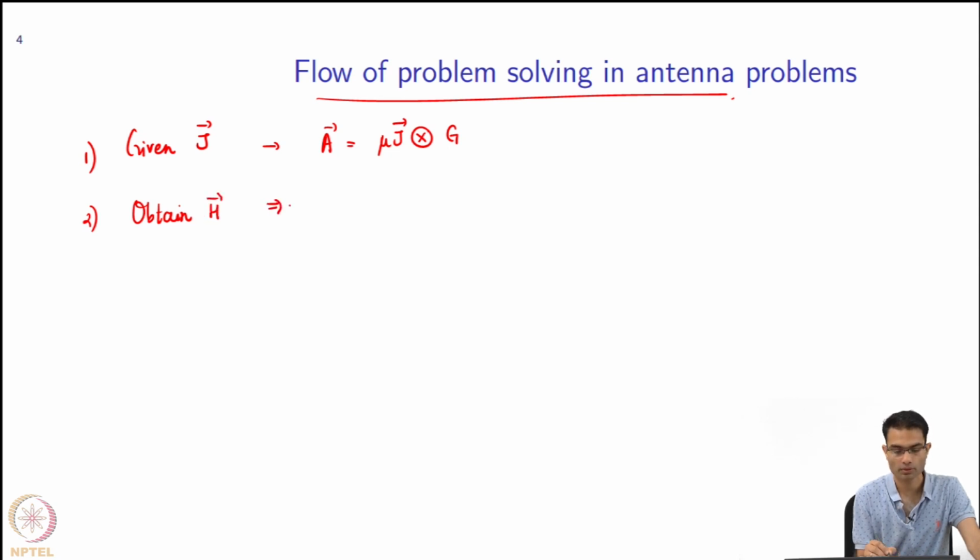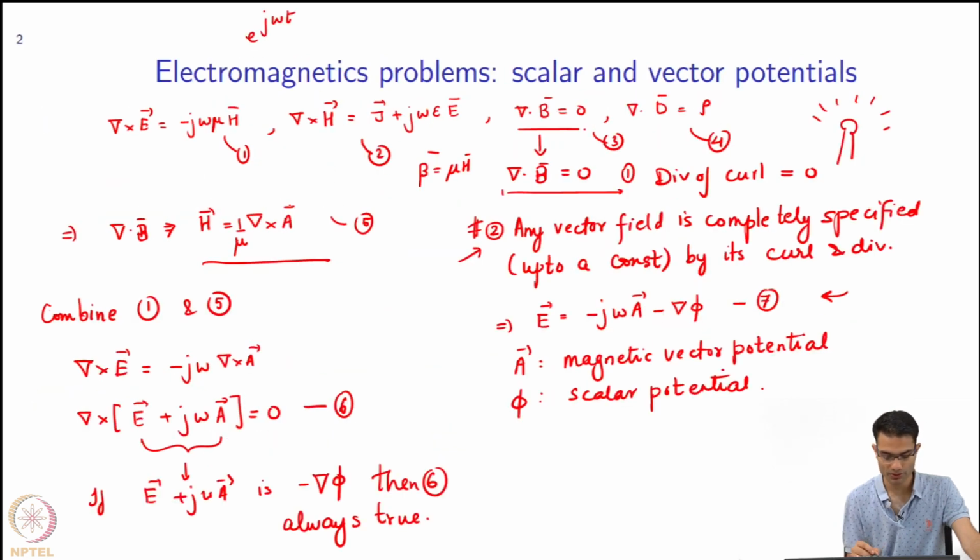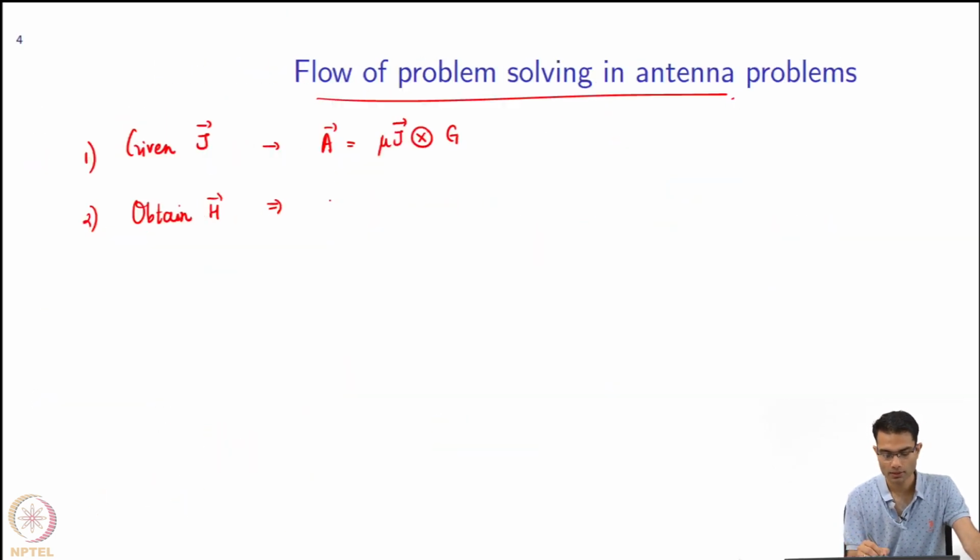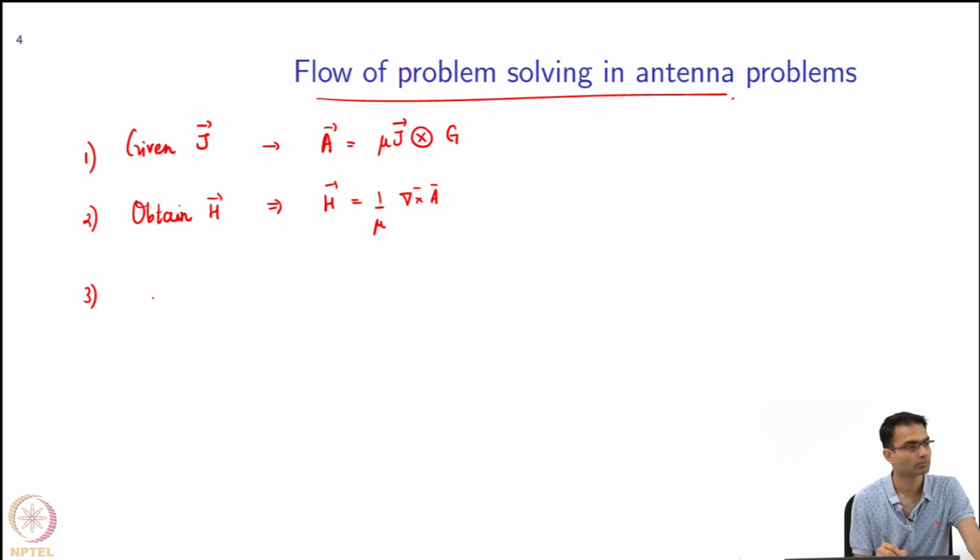Why? Because of the definition. I can use this relation over here, H is 1 by mu curl of A, okay. Third, what is the third thing that you are interested in? Electric field. In general that is our objective, find the electric and magnetic fields.